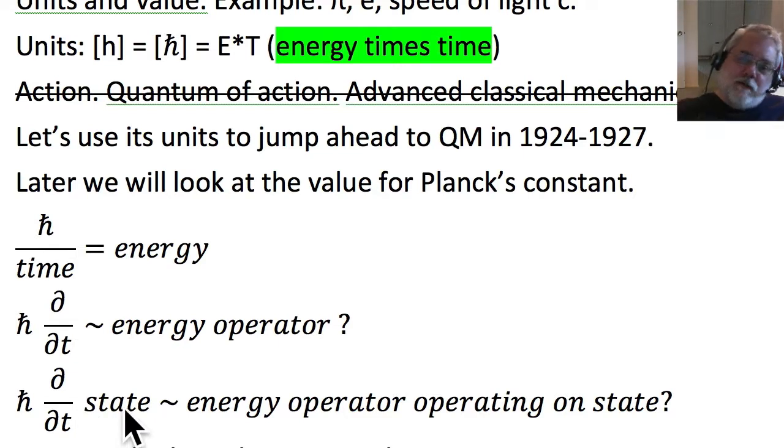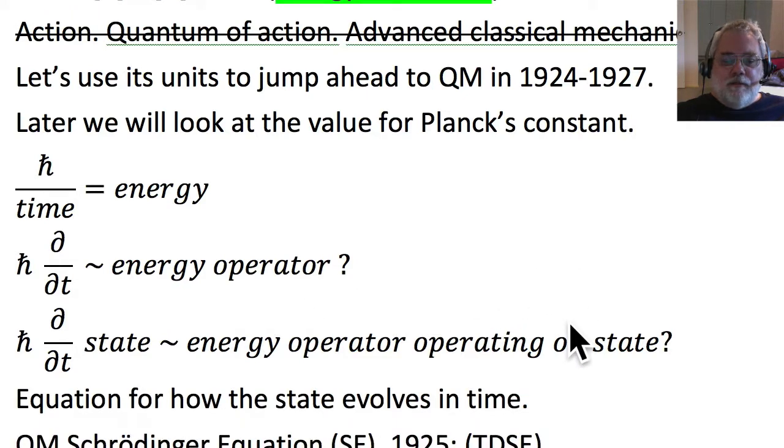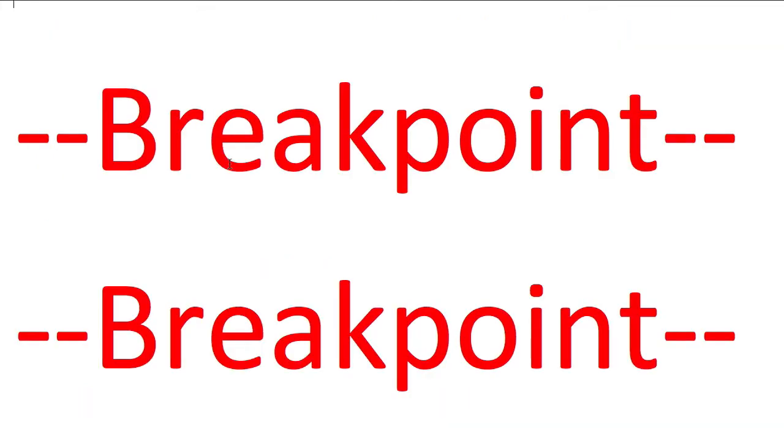So we could integrate this, or numerically we could integrate it. If we knew the state at some time, this equation would give us the state at later times. In other words, this is an equation for how the state evolves in time if somehow we know a state, which at the moment we don't. This is a possible time to take a break.